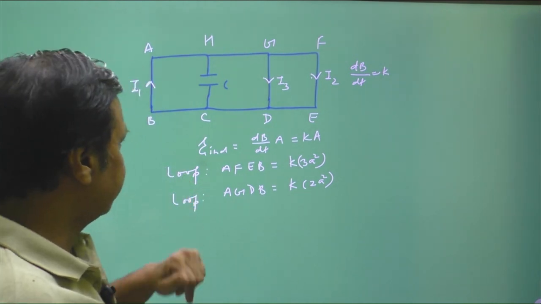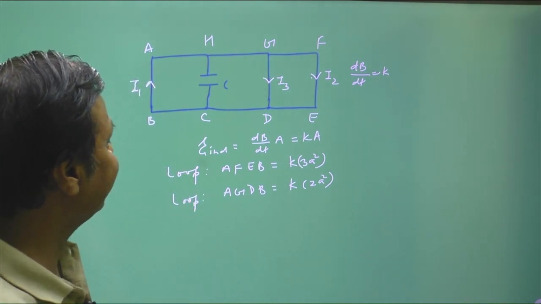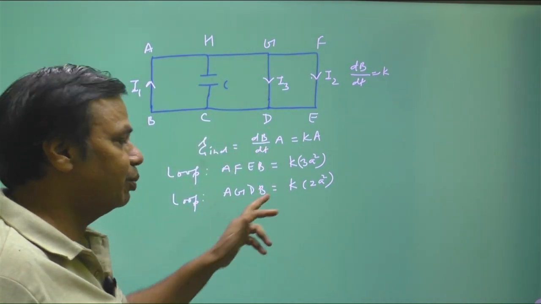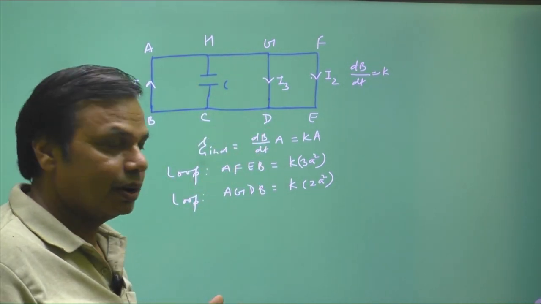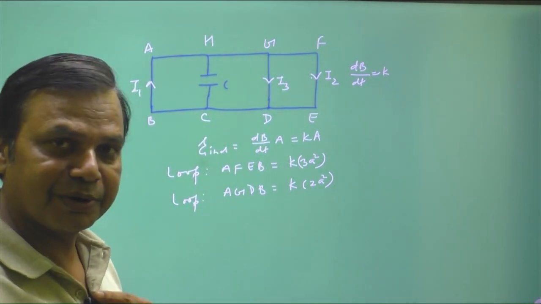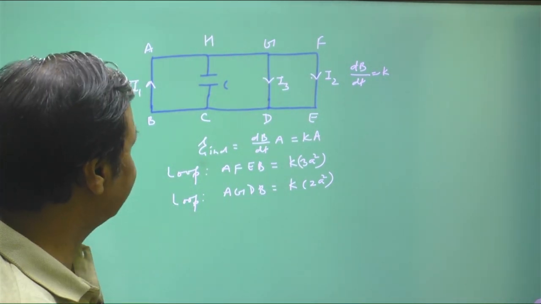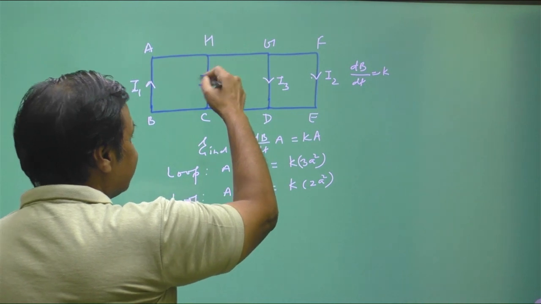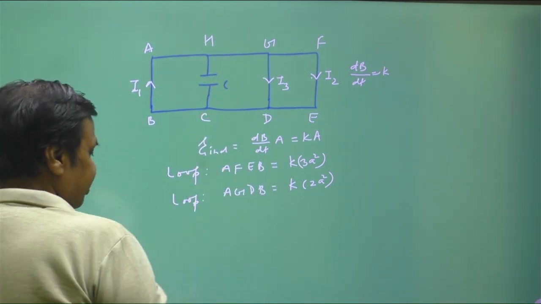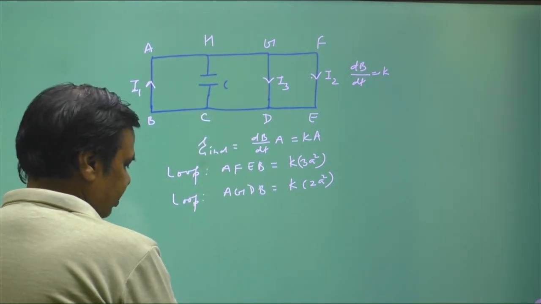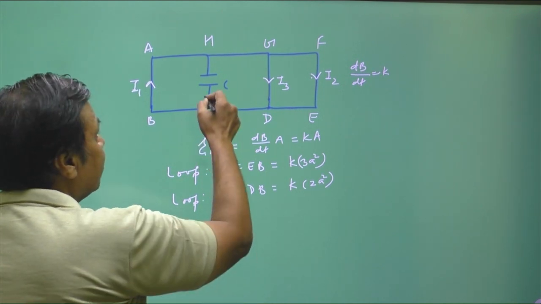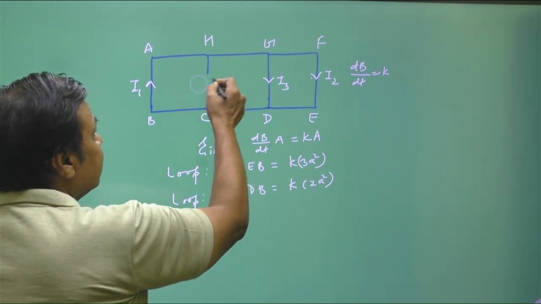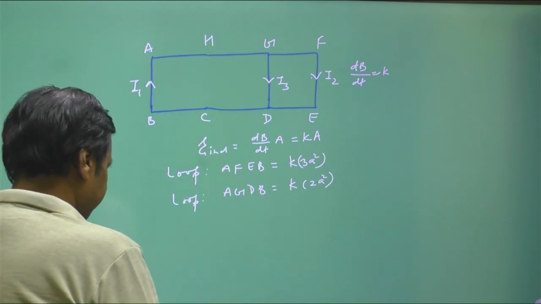So why did I consider these two loops? I'm going to explain you pretty soon. But one more thing, since no current passes through it, if I wish I can remove it for a moment, this wire, because no current is passing through it.